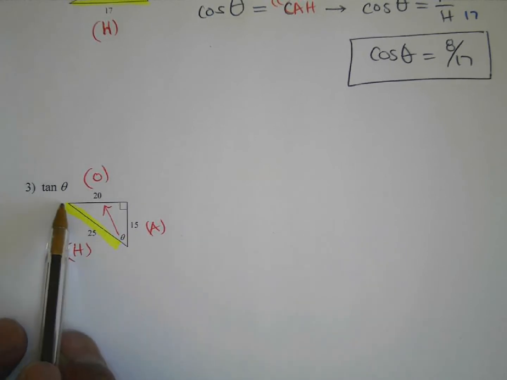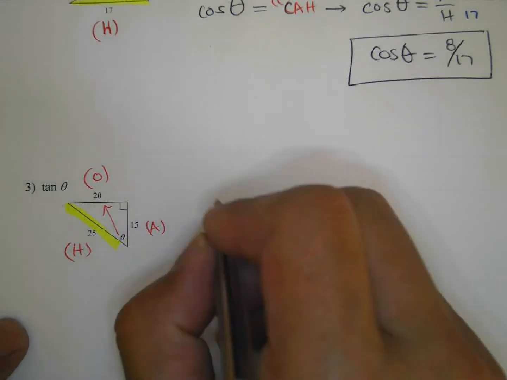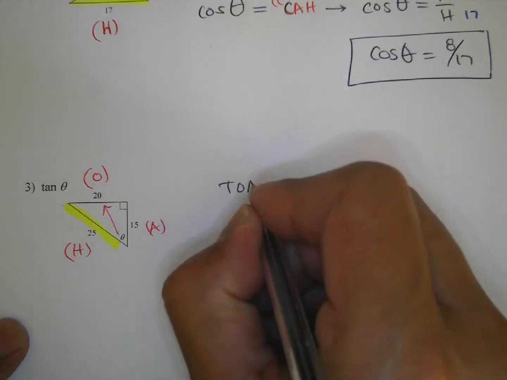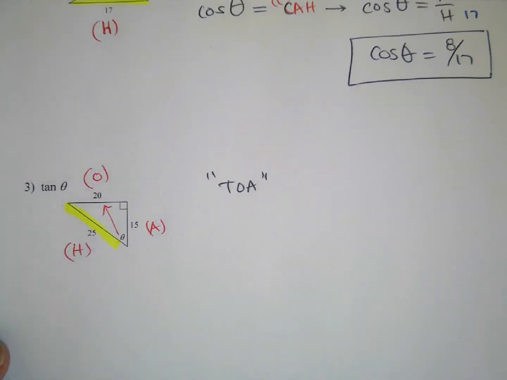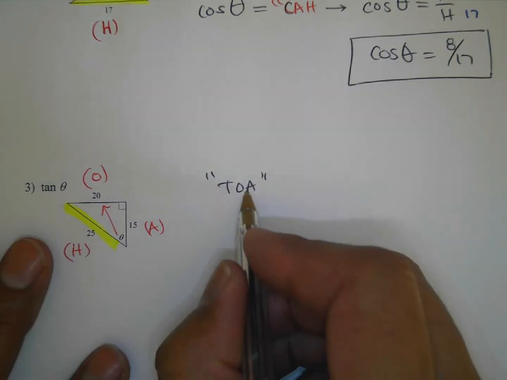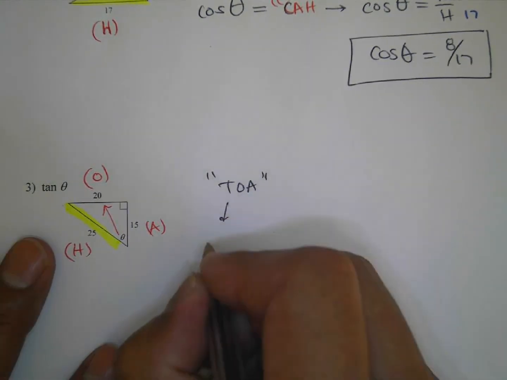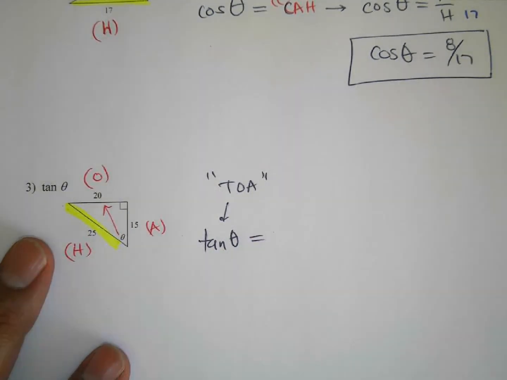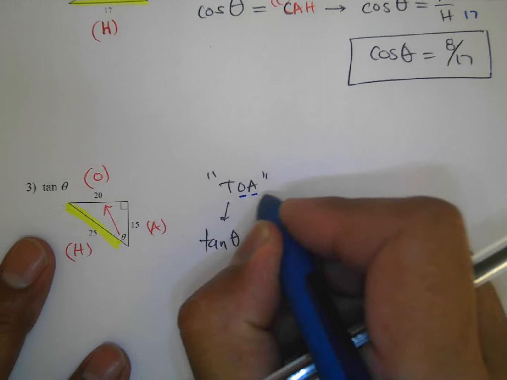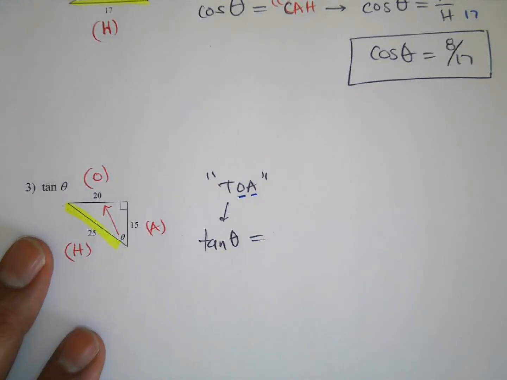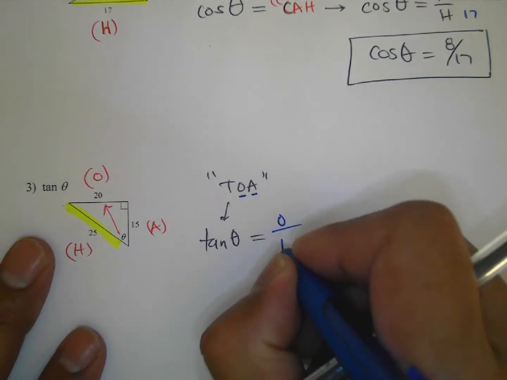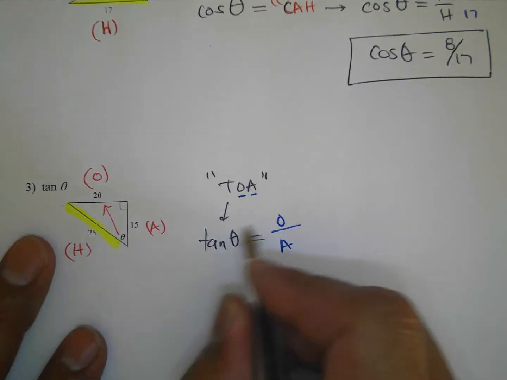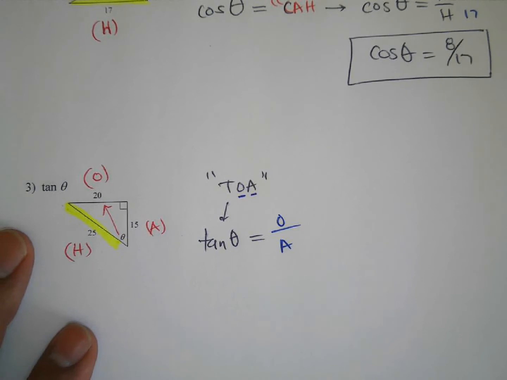Here they're only asking you to find tangent. Well, what's going to help me for tangent? SOHCAHTOA. Remember the acronym is SOHCAHTOA. So TOA is T-O-A. T is for the function: tangent of the angle is equal to, and the last two are for the ratio or the fraction, the numerator over the denominator. There's TOA.